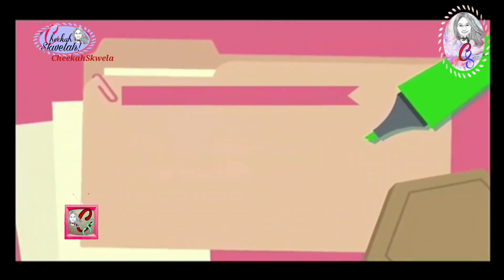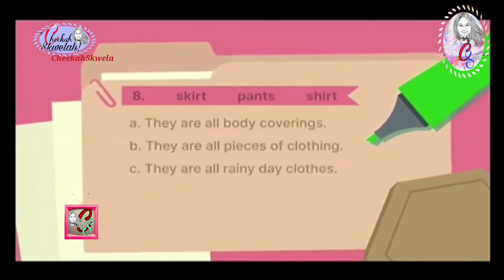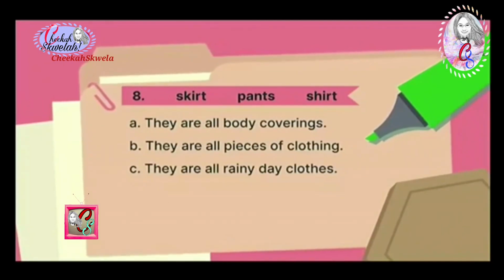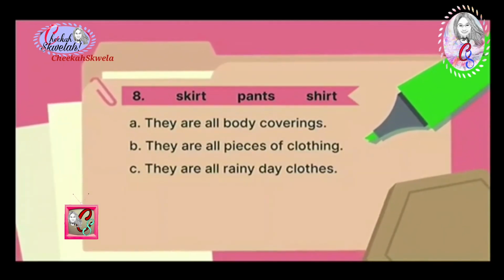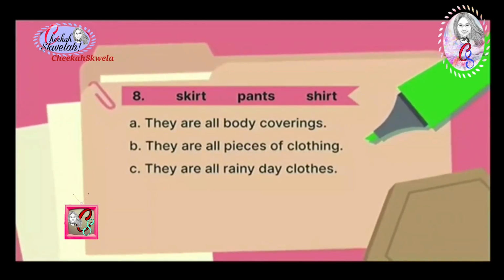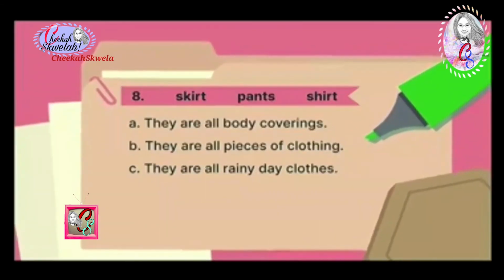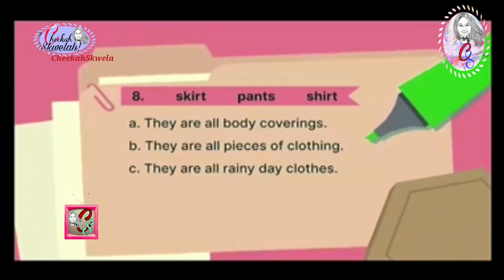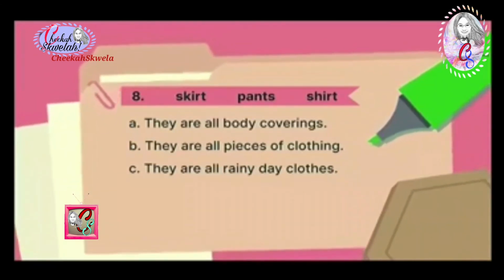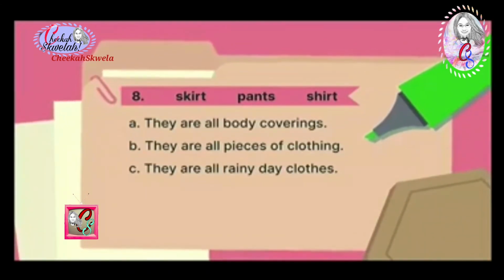The words in the box for number 8 are skirt, pants, shirt. Letter A, they are all body coverings. Letter B, they are all pieces of clothing. Letter C, they are all rainy day clothes.